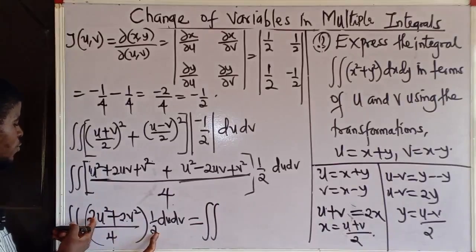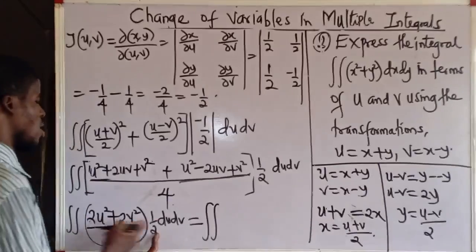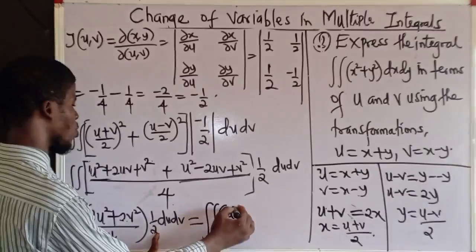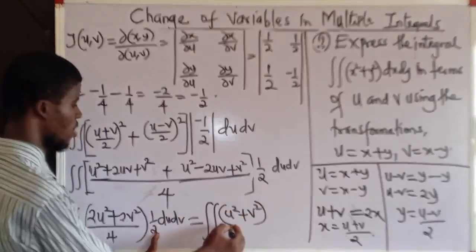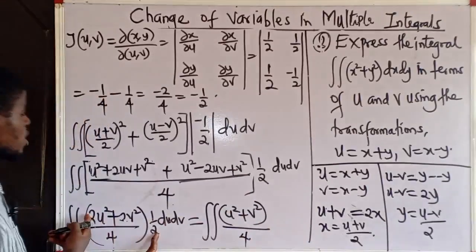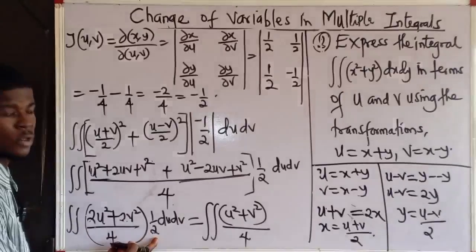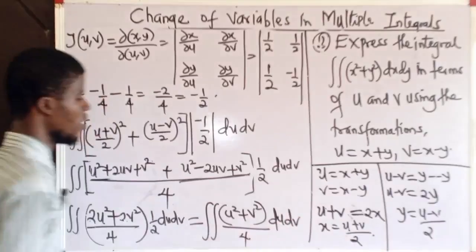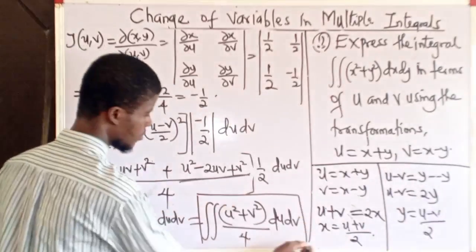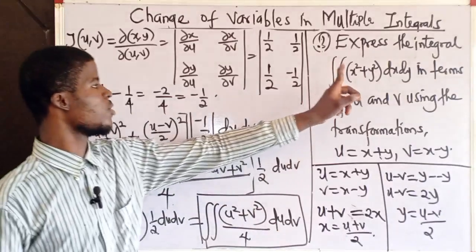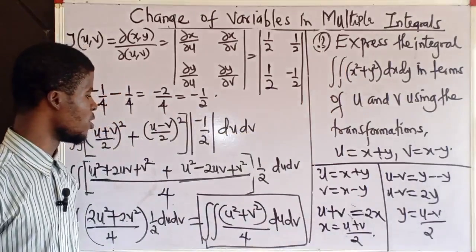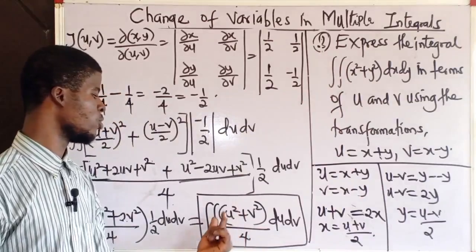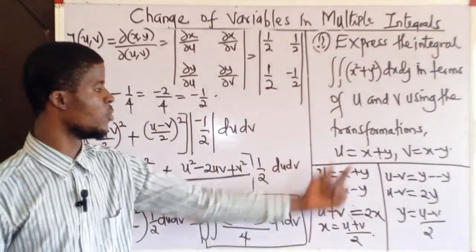If I factor 2 out from 2u squared and 2v squared, I'll now be having u squared plus v squared all over 4. The 2 that came out cancels this 2 under it. This is the integral. So this integral in terms of x and y has been transformed into this integral in terms of u and v, using the transformation equations.